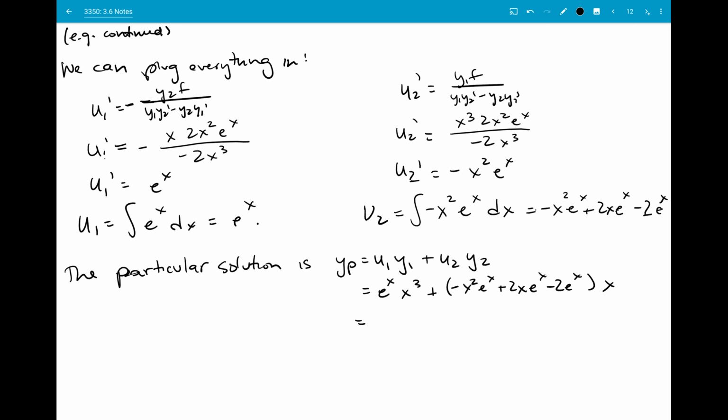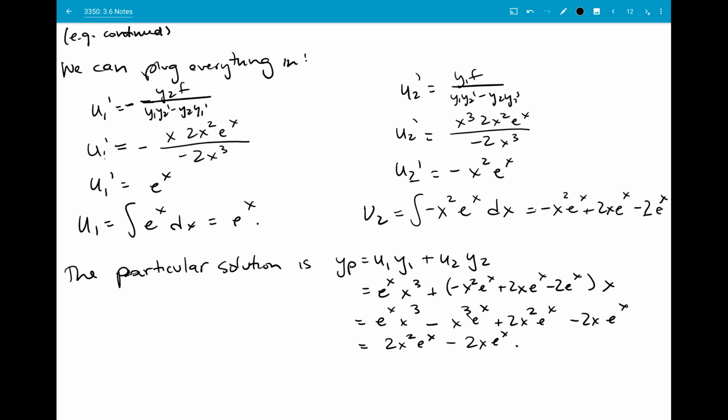So that's e to the x x cubed minus x cubed e to the x plus 2x squared e to the x minus 2x e to the x. So that is just 2x squared e to the x. Sorry, that looked like an e to the minus x because of my pen issues. Minus 2x e to the x.